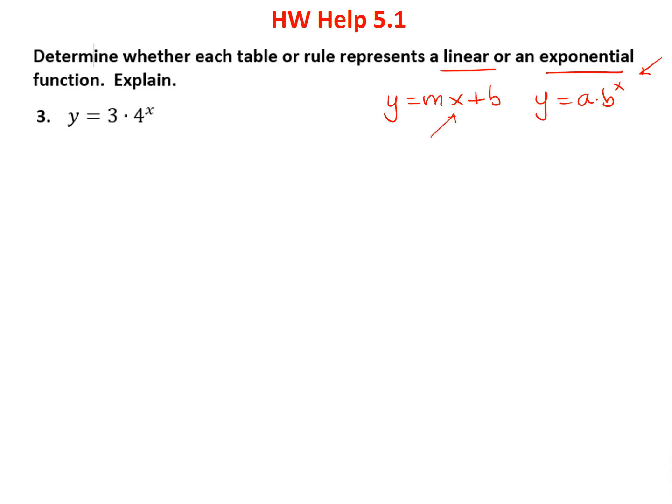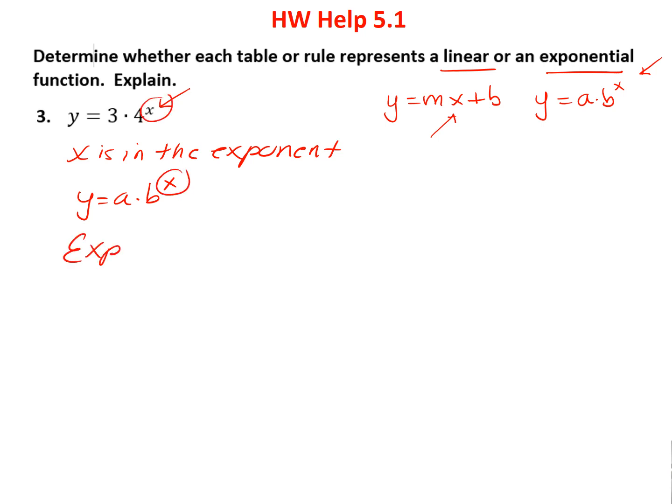That's what we're looking for. When I look here, I notice my x is in the exponent, and it has that form: y equals a times b to the x. There's the x, there's the x. So this tells me this is an exponential function.